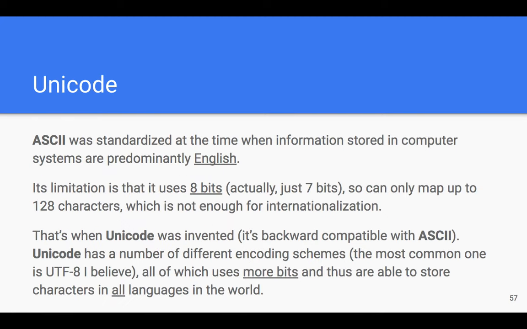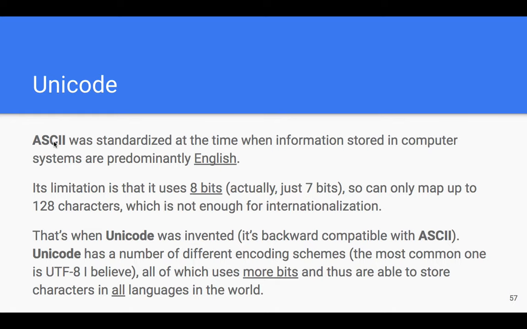Now, ASCII is unfortunately not enough. That was because when ASCII was standardized, it was a long time ago. I don't even remember which year, but back then, the language used in computers was basically just English.